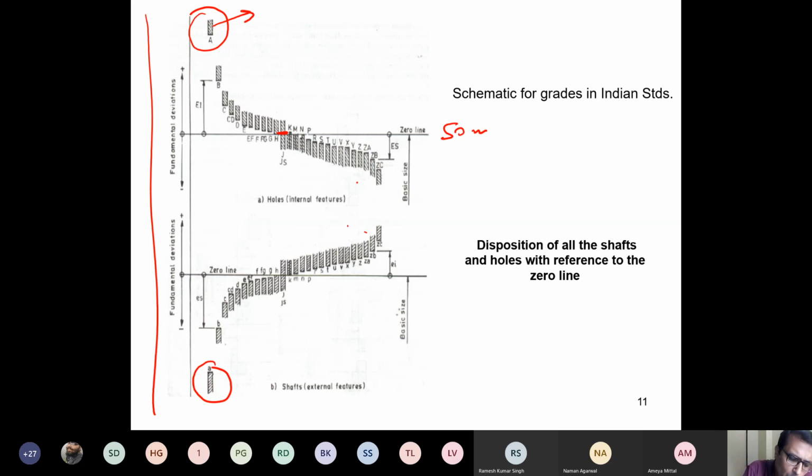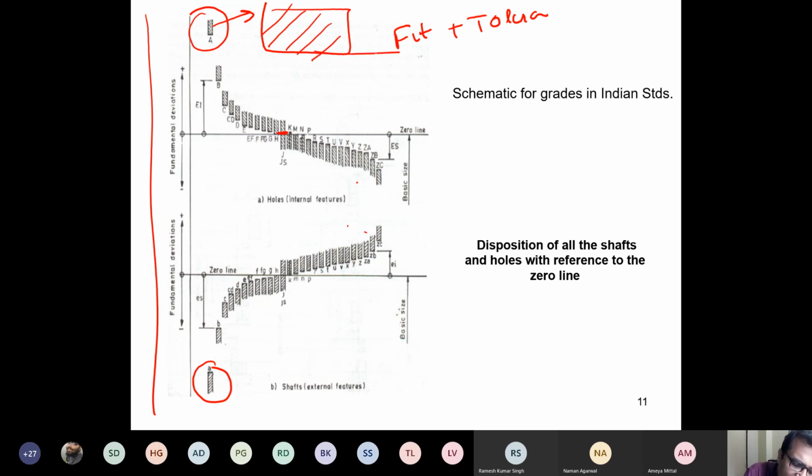So there are two things: one is the grade or the fit, and then the tolerance. These combined. The tolerance will be this band. The fit will be the location of EI from the zero line. This is called fit. So there's a fit and a tolerance. The fit is given by these letter grades A, B, C, D, and till H.